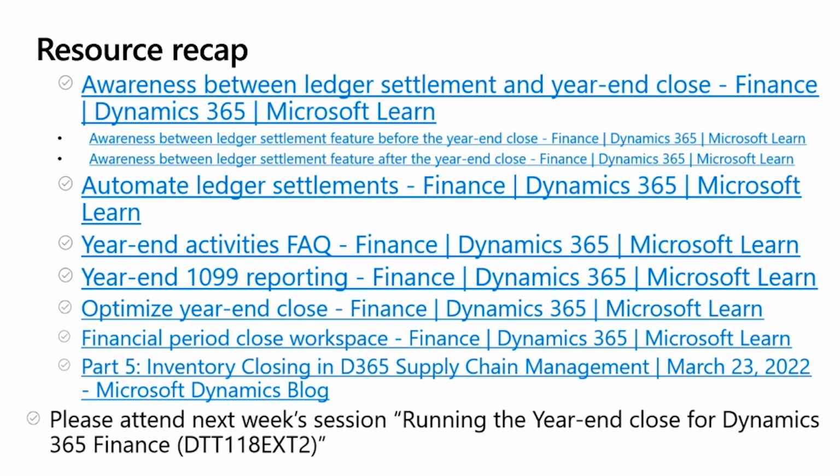We do have documentation as well for the ledger settlement automation to help you set that up. I had mentioned just in the previous slide, we have a year-end activities frequently asked question. It's a real popular document that we have.